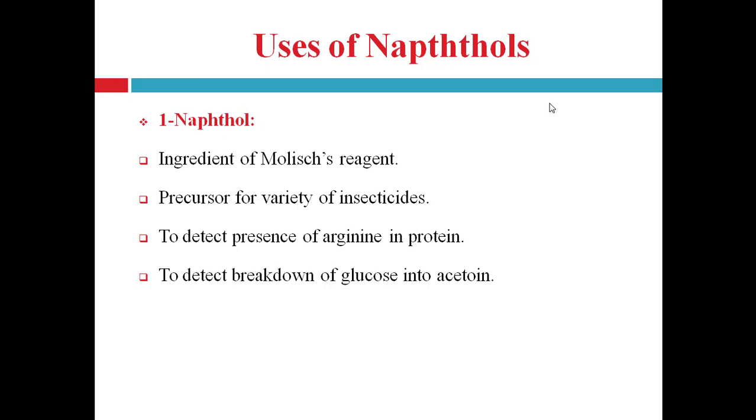During the performing of this test, glucose is broken down into the acetoin molecule, and this acetoin molecule is used by the bacteria for external energy storage. So for detection of the breakdown of this glucose molecule, 1-naphthol is used.